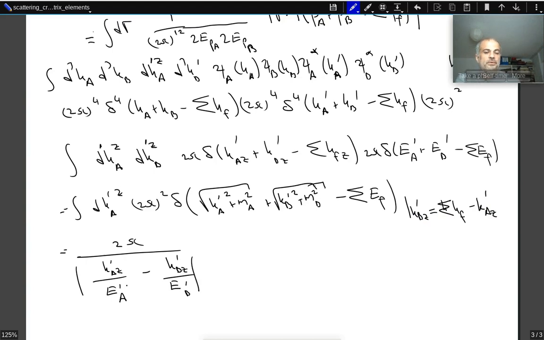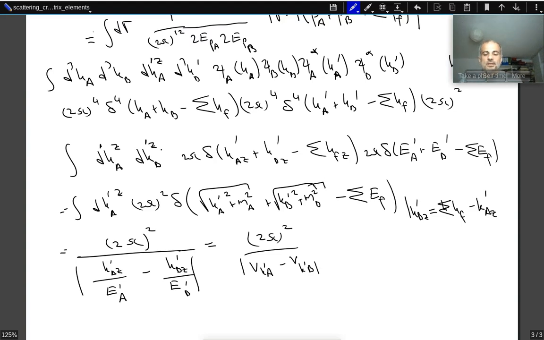Well, the momentum over the energy is just the velocity. So this is 2 pi squared divided by v corresponding to Ka prime minus v corresponding to Kb prime.